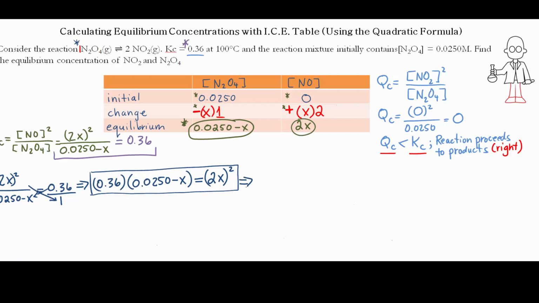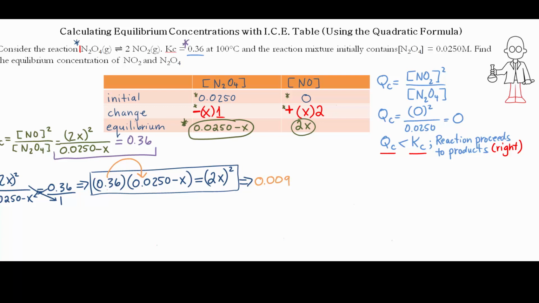Now what I want to do is multiply 0.36 times 0.025, and that's going to give me 0.009.